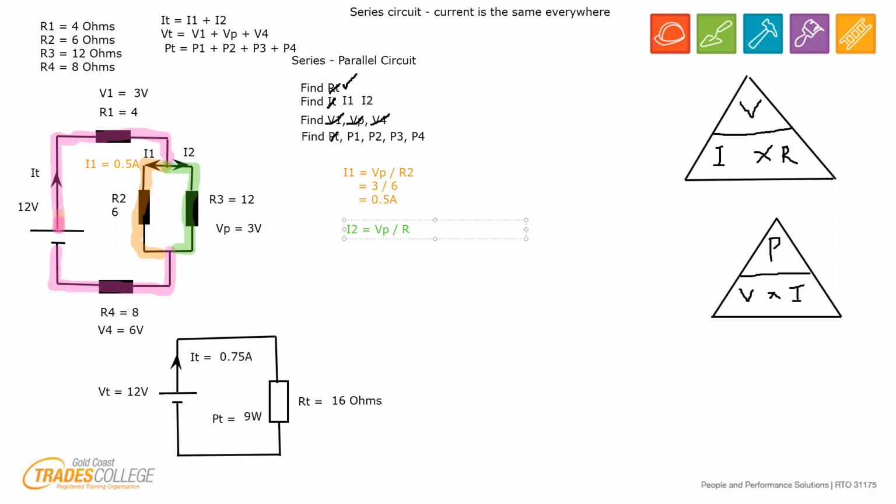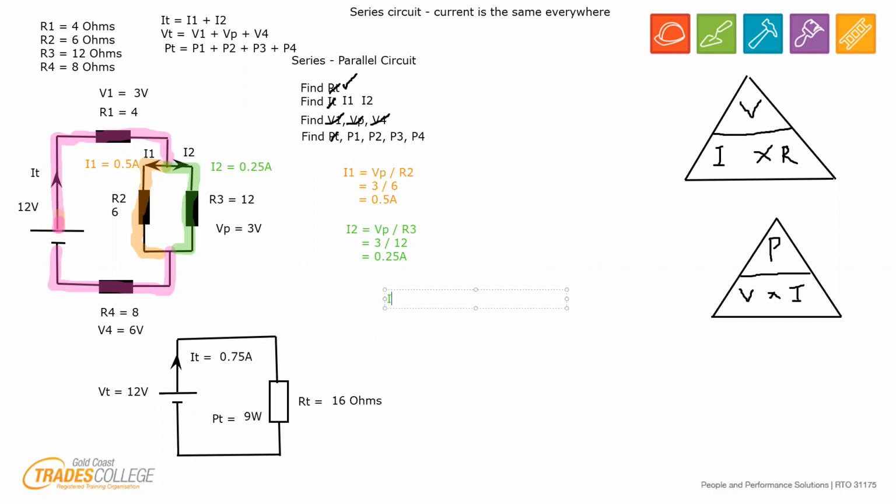So VP over R3, which is 3 divided by 12, gives us 0.25 amps, which I can write in there. That's I2, I equals 0.25 amps.